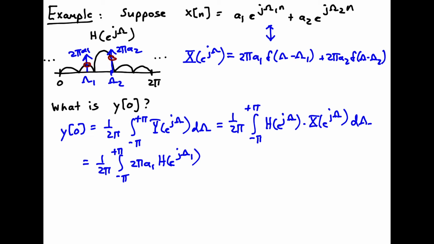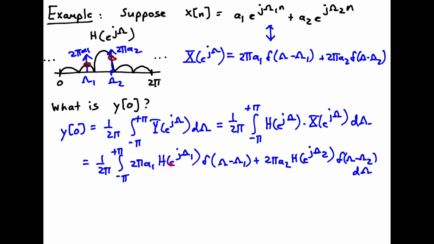And then it's still a delta function, delta of omega minus omega 1, plus 2 pi a2 h of e to the j omega 2, that's the value here, times delta of omega minus omega 2. And we're going to integrate with respect to omega. Okay, so I'm integrating something that consists of two delta functions. Well, this is just a scalar, right?